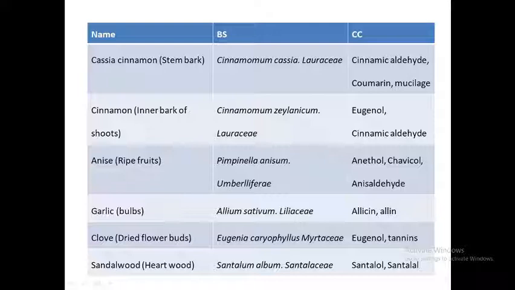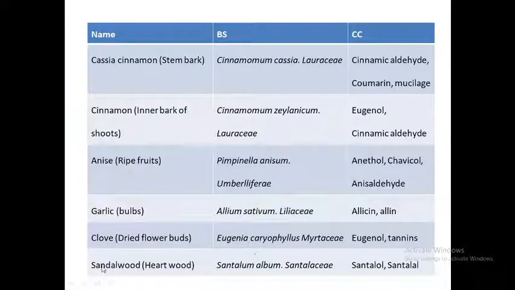So this garlic consists of allicin and alliin, the sulfur-containing constituents. Next, the clove. These are the dried flower buds of Eugenia caryophyllus belonging to family Myrtaceae. The major chemical constituent is eugenol, and it also contains tannins.